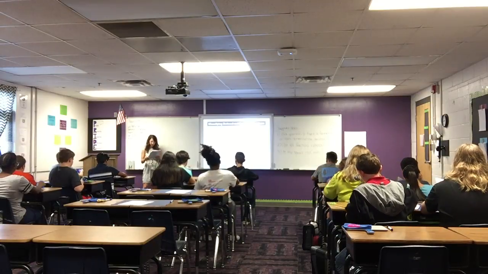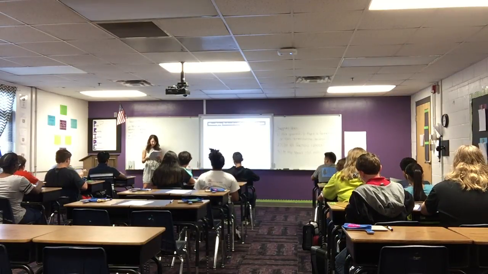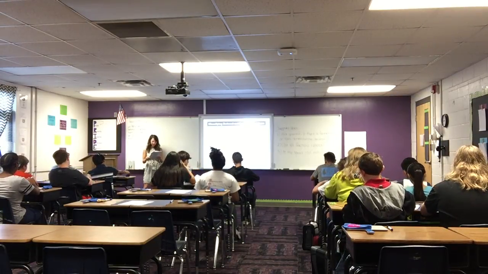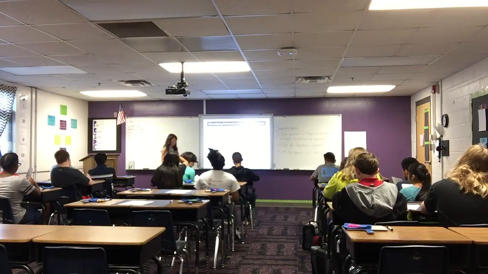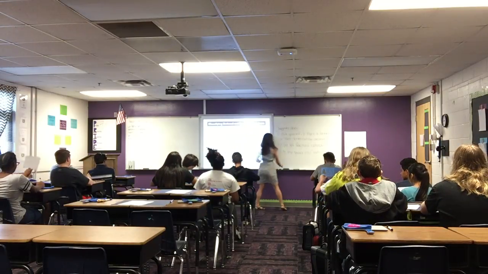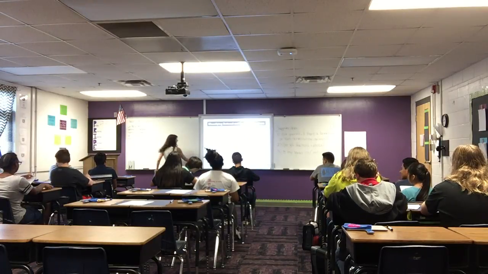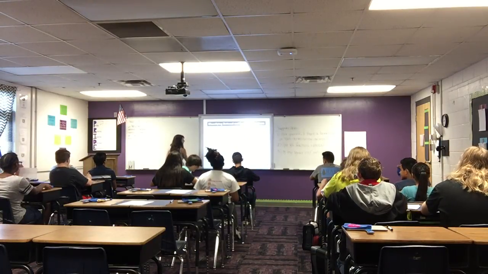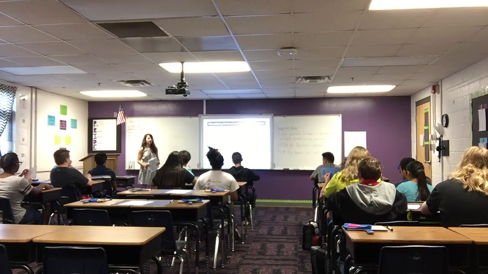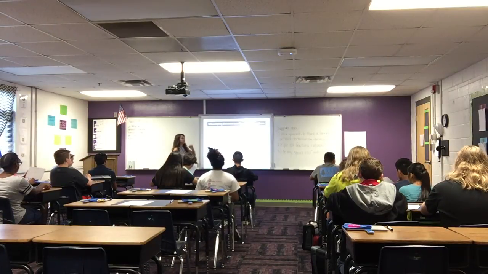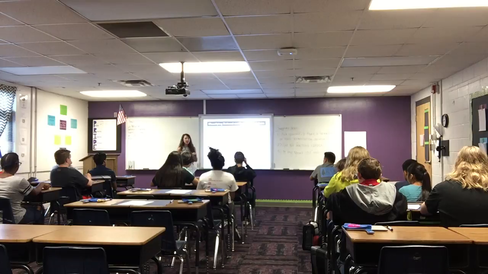Now, we are going to classify a number. So I want you to look up here. This is what your poster paper will look like in a minute. I'm going to have you with a pencil or a marker. Actually, we'll just use pencils first.